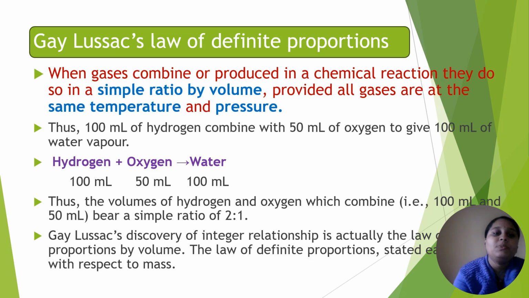Thus, the volumes of hydrogen and oxygen which combine, that is 100 ml and 50 ml, bear a simple ratio of 2:1. So Gay-Lussac's discovery of integer relationship is actually the law of proportions by volume, while the law of definite proportion is with respect to mass.